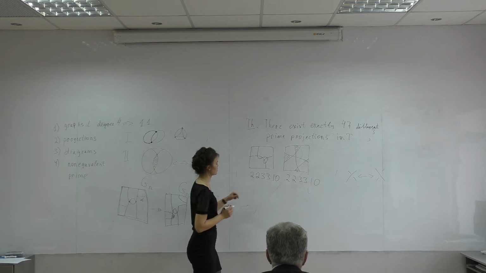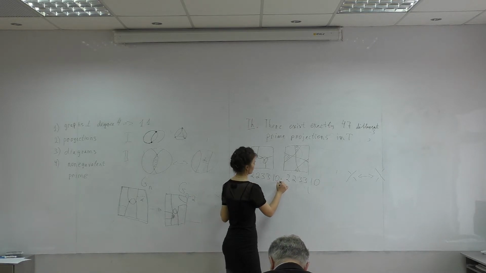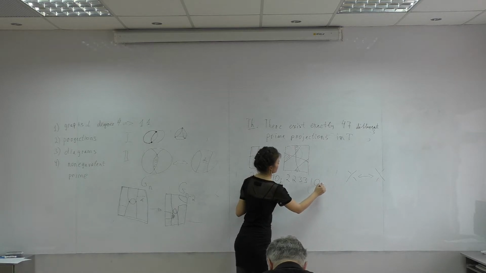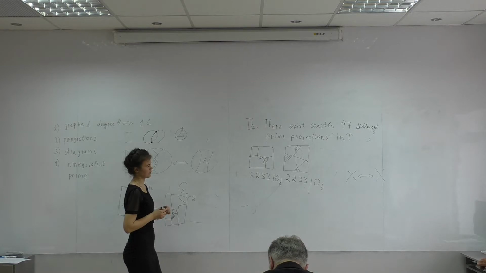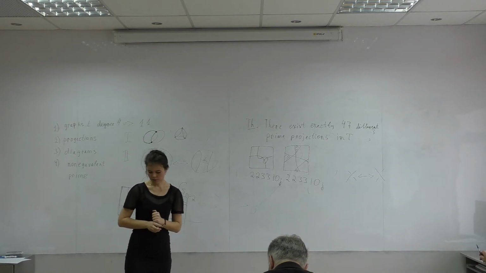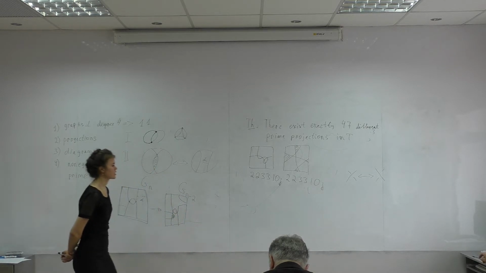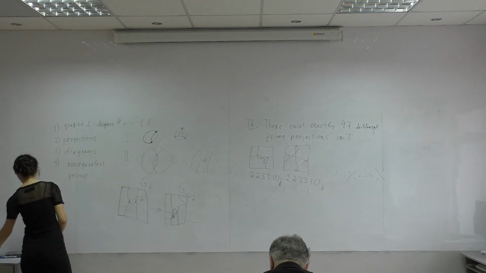Also, it includes the type of the corresponding graph. In both situations, it is J. But we say that these projections are different. Why?